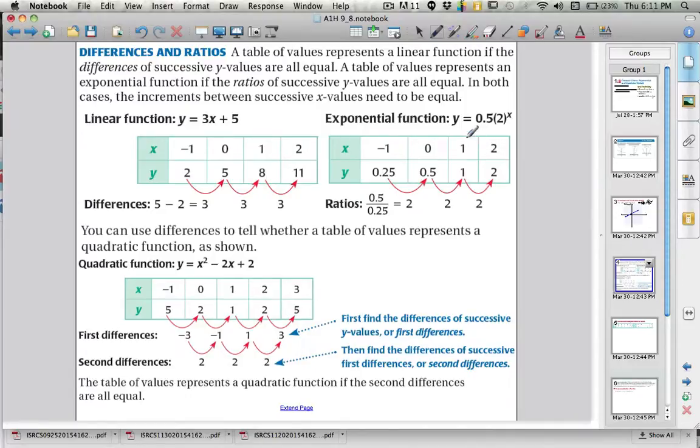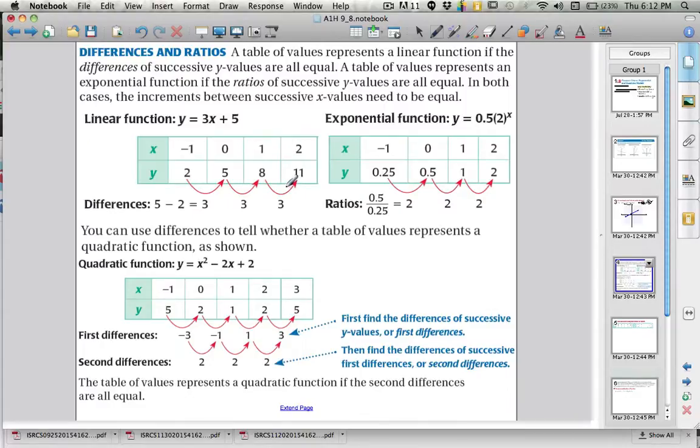If I have sequential x values, then I can examine the y values to find the difference. So you'll notice that in the case of a linear function, 5 minus 2 is 3, 8 minus 5 is 3, 11 minus 8 is 3. That means that for every change in x, I have the same change in y.